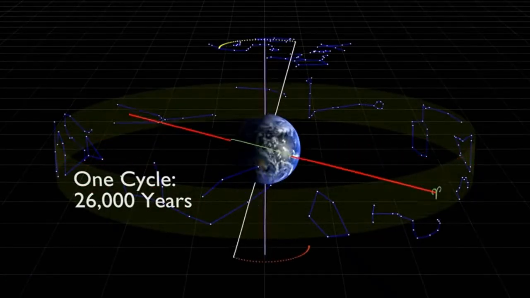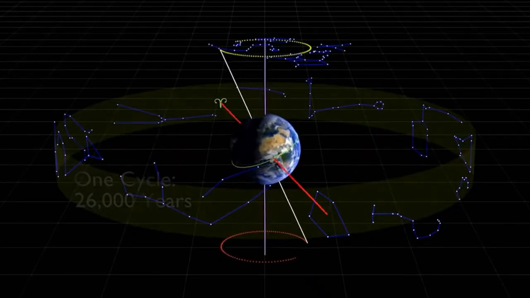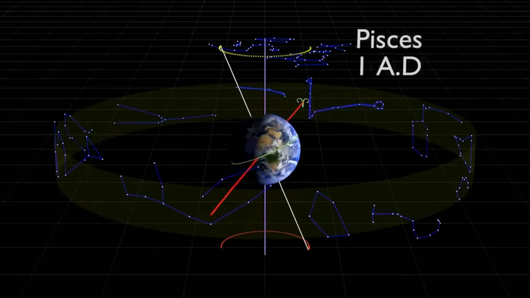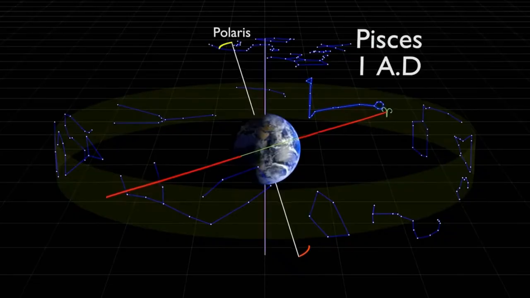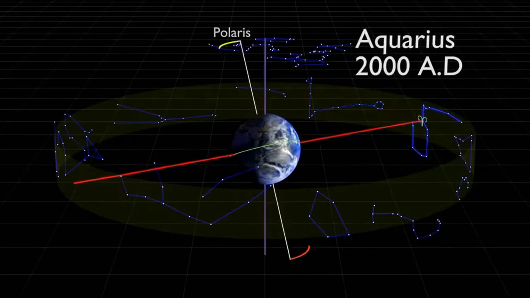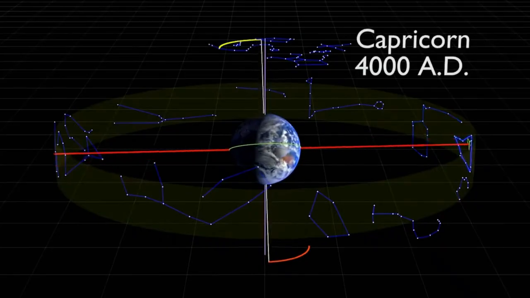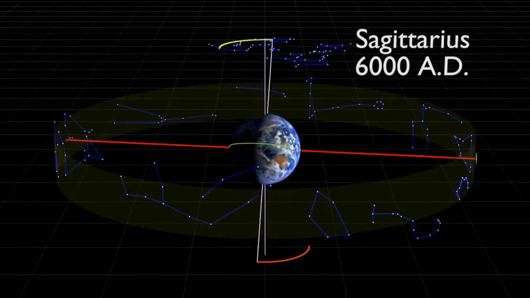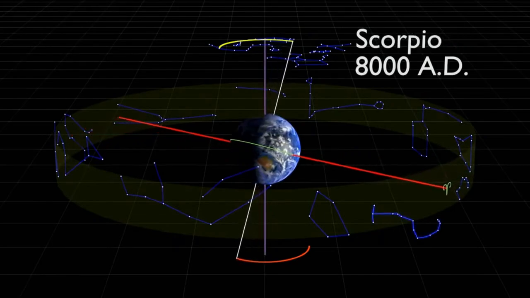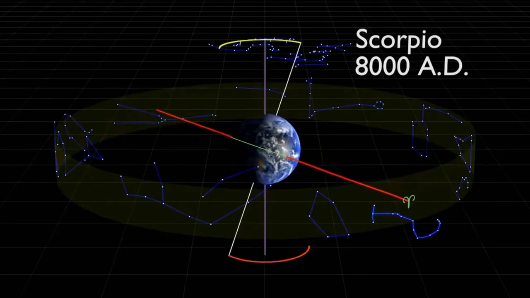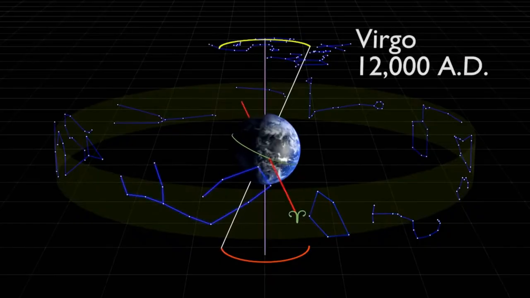So the yellow dots are tracking where the line between the North and the South Pole is pointing. And so you can see over time, it's pointing at different constellations on the sky. And so you can think about this kind of like if you spin a top, the top of the top will start to wobble as it slows down.